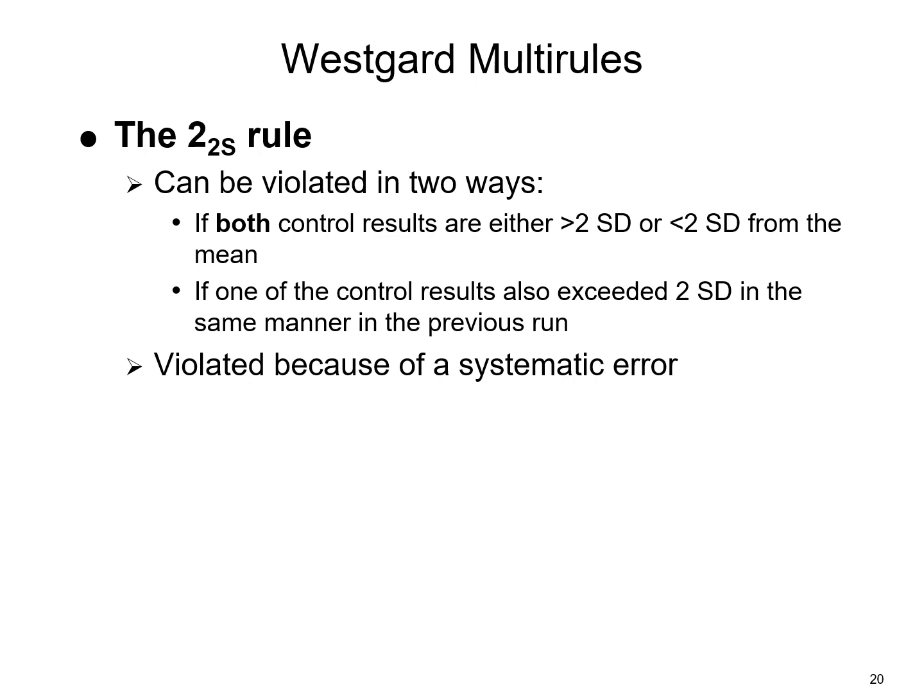So in this first one, if both control results are either greater than 2 standard deviations or less than 2 standard deviations from the mean, this is kind of confusing how it says greater than or less than. So it's actually meaning greater than plus 2 standard deviations or less than, or basically outside of that -2 standard deviations.